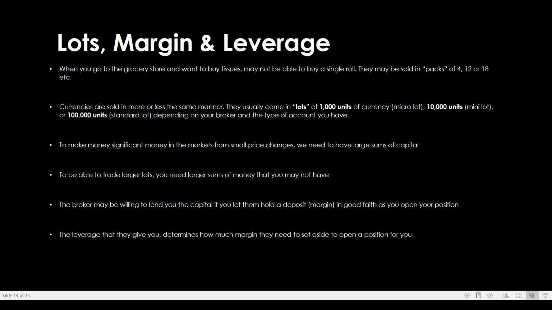What is going to happen is your broker is going to say to you, look, I'm happy to lend you the majority of that 100,000 so that you can trade, as long as you can give me a good faith deposit. Let me just hold some of your capital whilst you trade my capital, so that if you lose my capital, at least I can keep this as security. But if you make money, I'm going to return this good faith deposit to you.